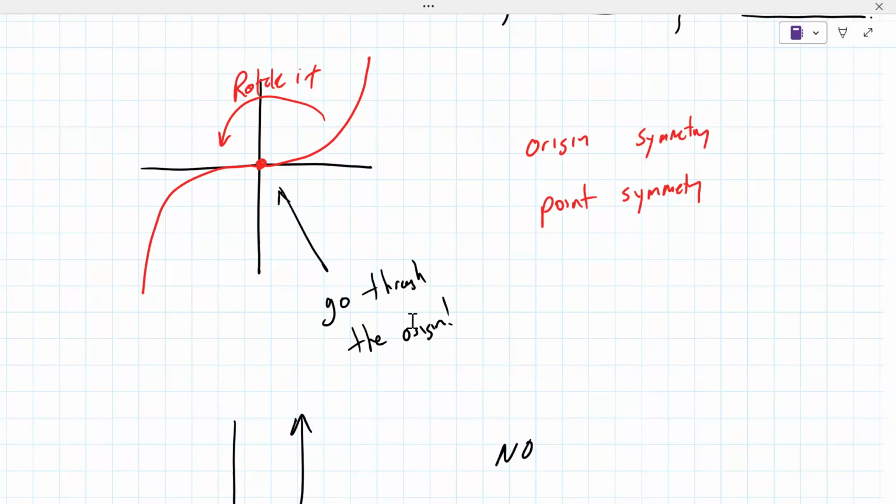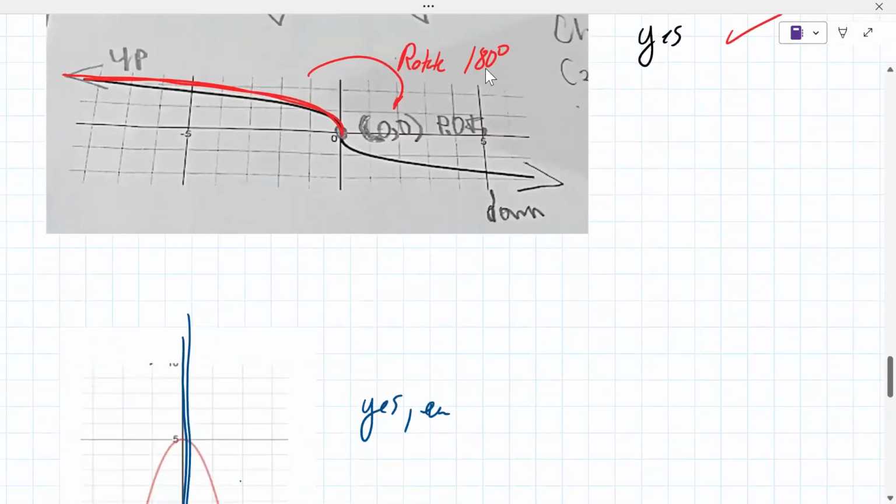Okay, I wrote it down. The second thing is that it's a rotation. It's a 180-degree rotation. So I want you to write that down as well. Okay, I wrote it down.